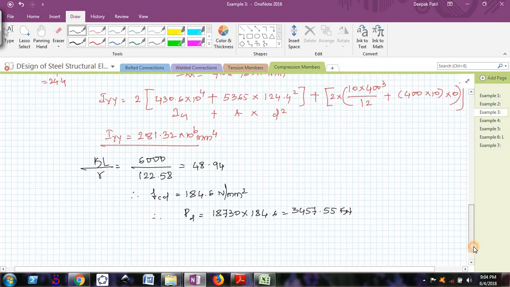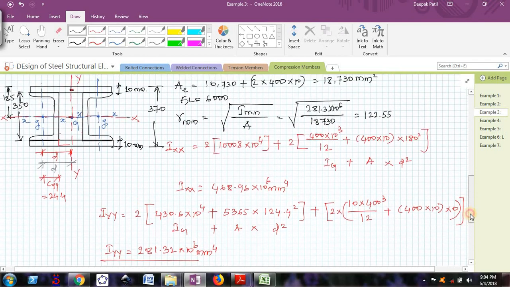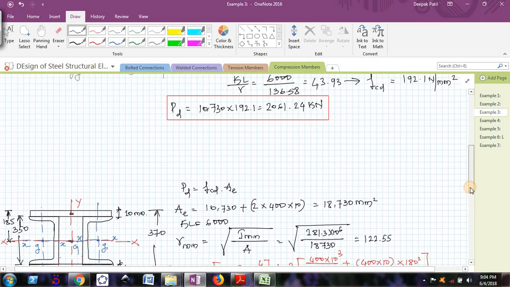kilonewton, right? Now you compare this load with the previous load, which was 2061.24, right?